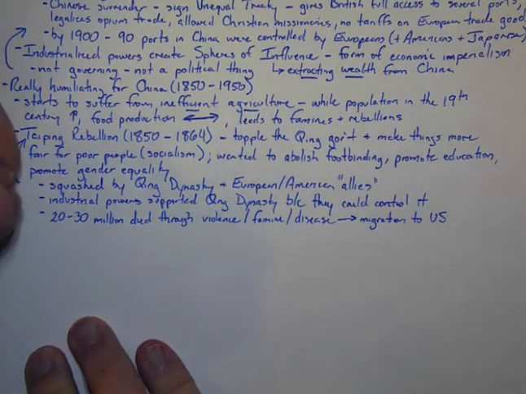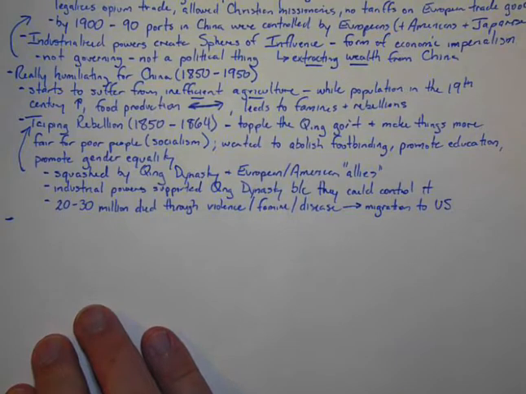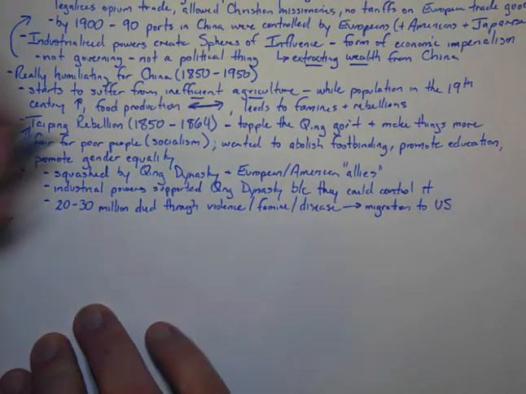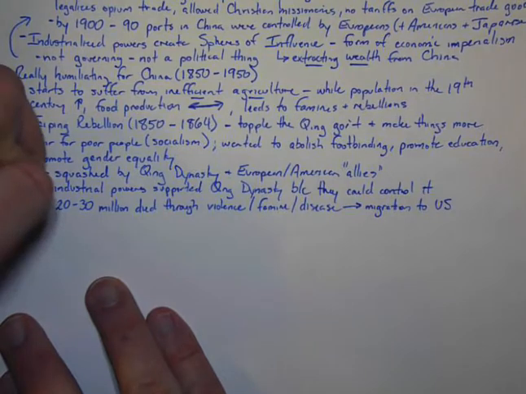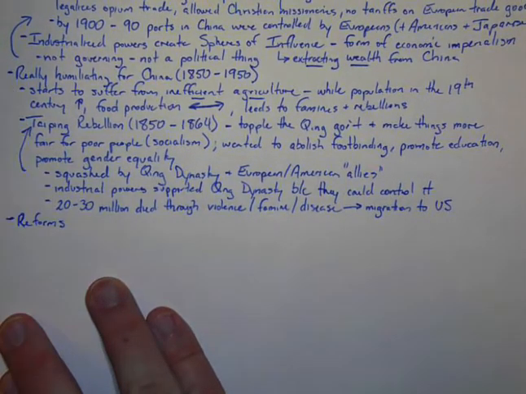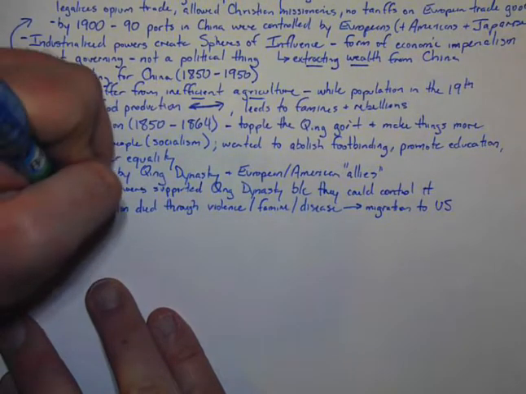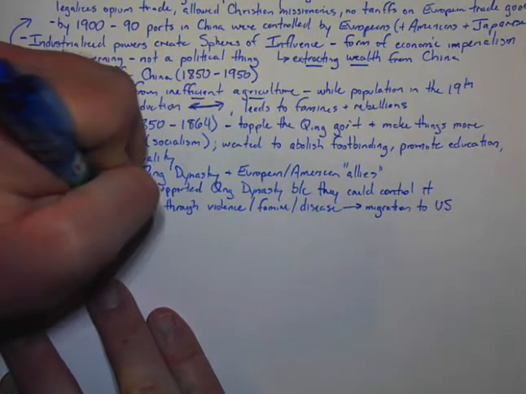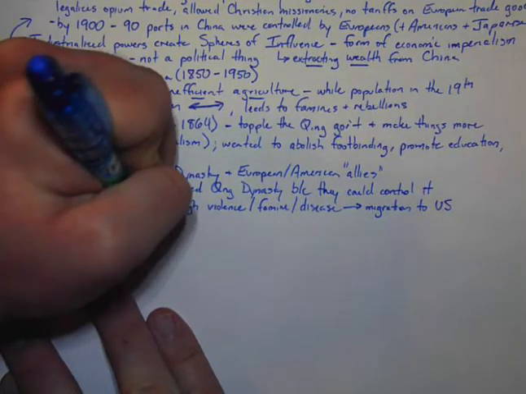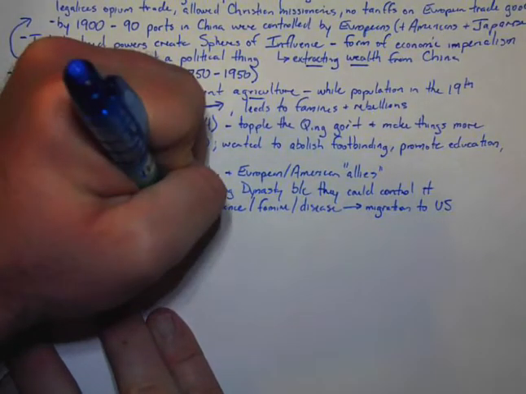Now, just like every place else we've looked at that was declining during this time period, it was apparent to the leaders of China that they needed to reform, that they were falling behind. And so they do attempt to reform, but especially in China, these reforms come way too late.